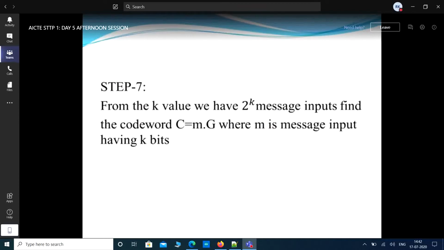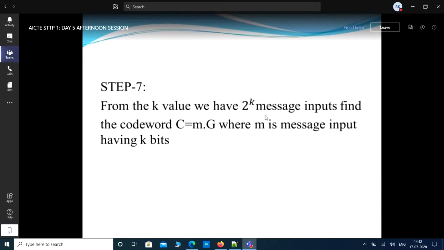K is the number of information bits. Suppose the length of the message block is 3 bits: 000, 001 and so on, giving 2 power k combinations of message blocks. Suppose k is equal to 4 bits, again 2 power k combinations of message blocks.